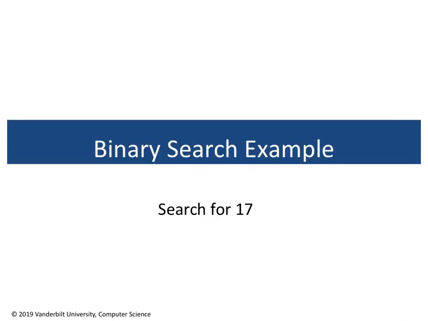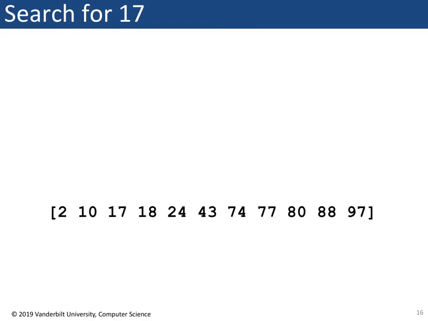Let's look at another example of a binary search for 17 in this array. We're looking for the number 17 in this array. So the very first thing we need to do is choose our first location to search. We always choose the minimum possible location plus the maximum possible location divided by 2.